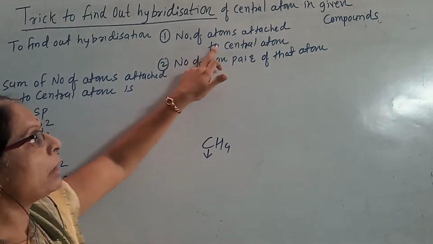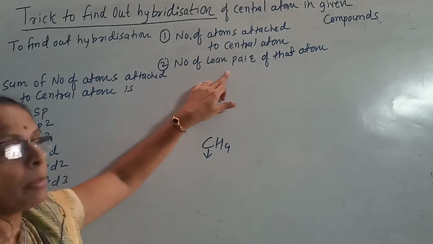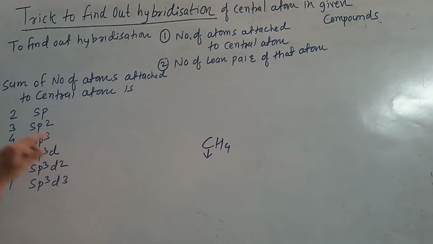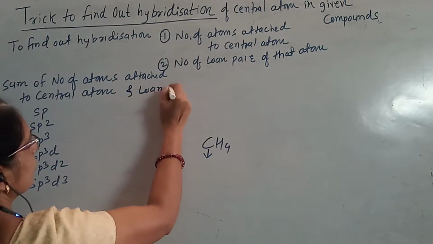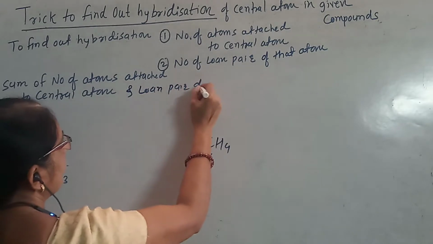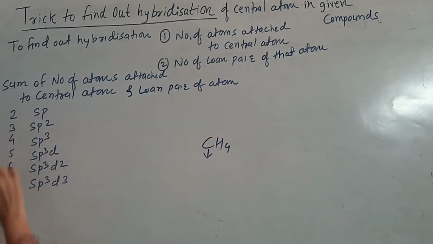If the sum of the number of atoms attached to the central atom and the number of lone pairs of that atom is 2, then the hybridization is sp.